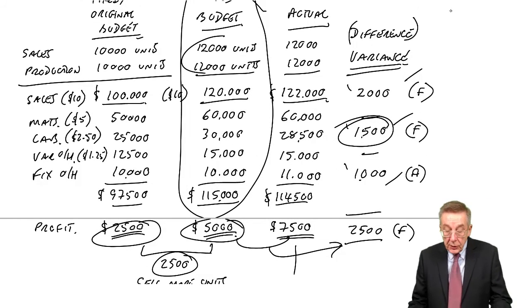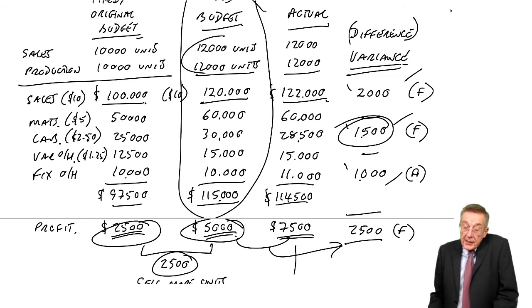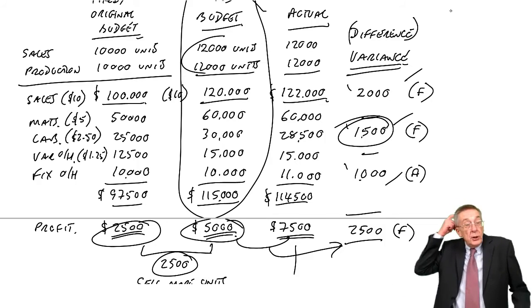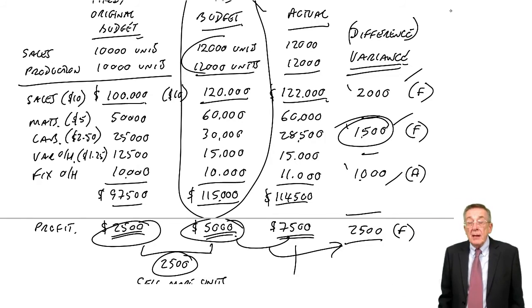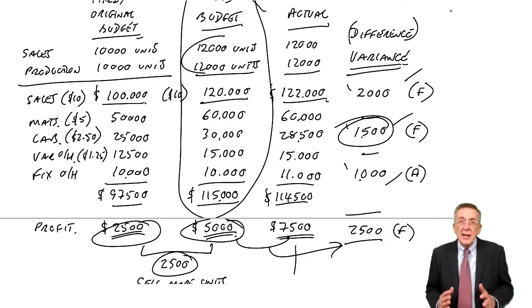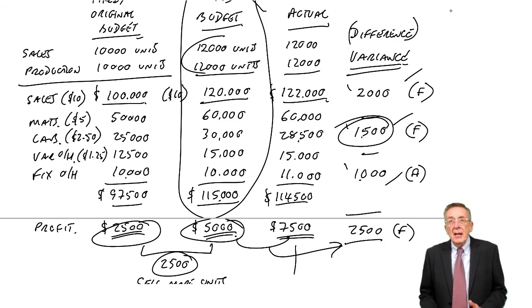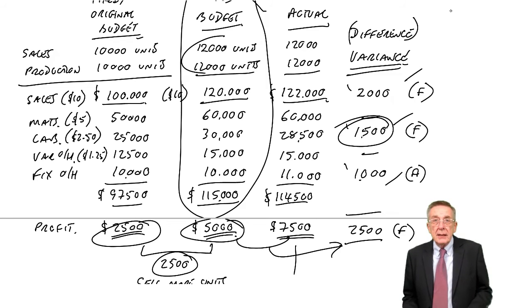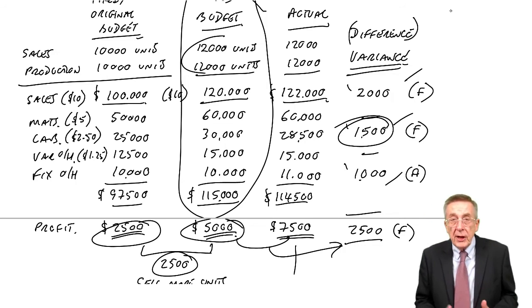Here we originally budgeted on 2.5. As it turns out here, we're actually doing a lot better, but we could be doing worse. But whatever happens, the overall target is to make at least 2,500. If we can do better, great. If we're doing worse, we want to try and sort it out.